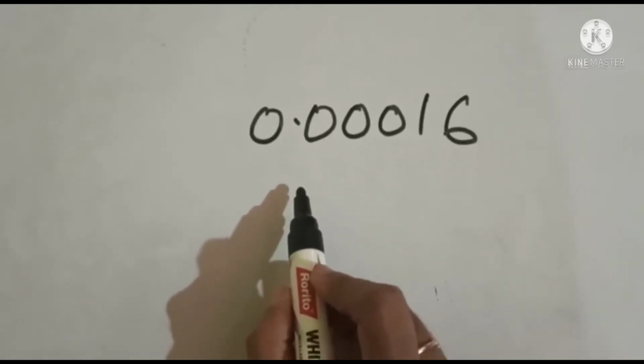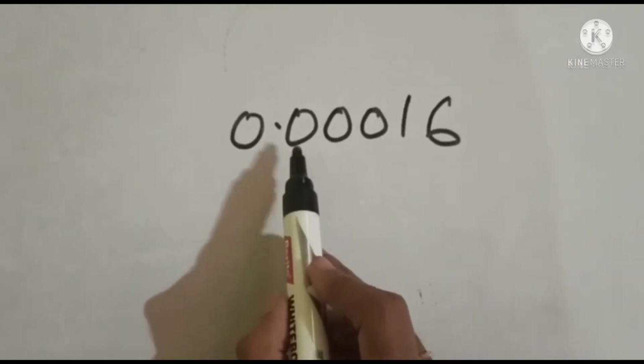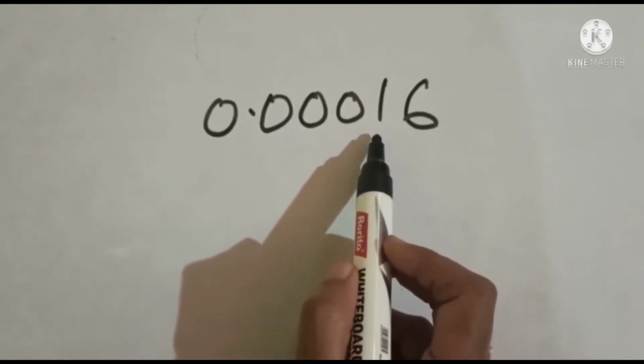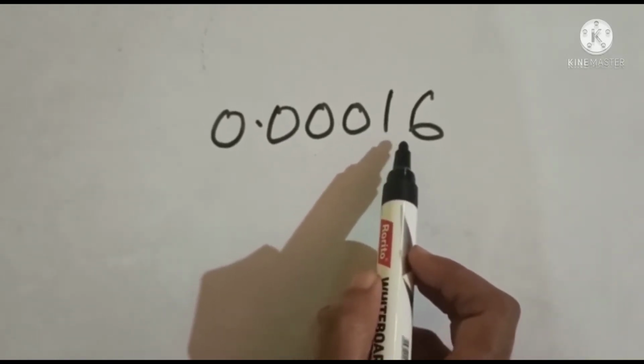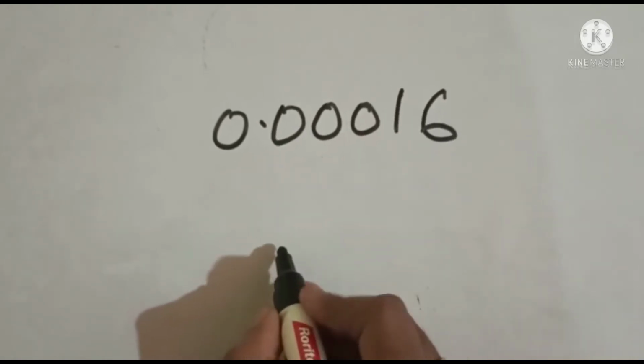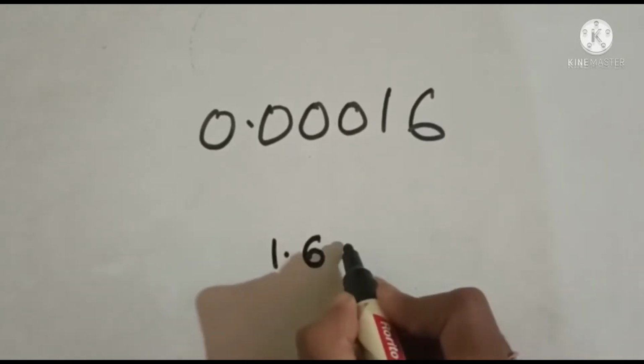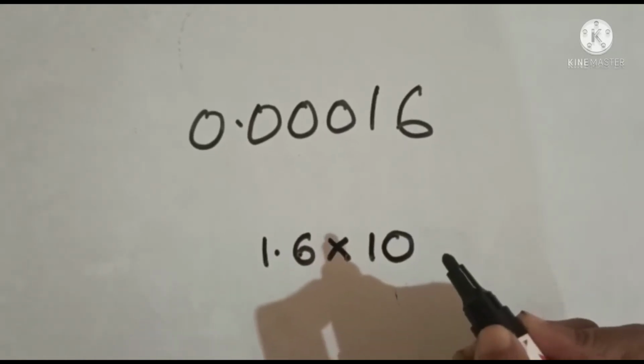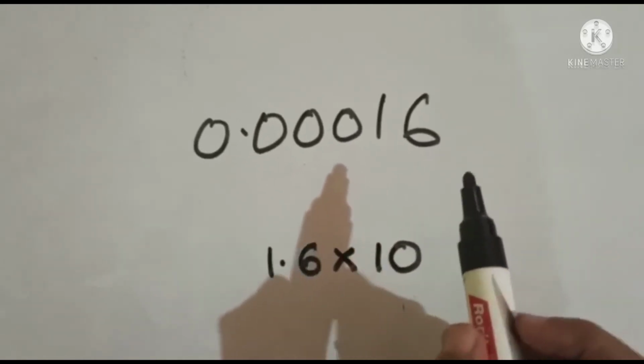Let's do another example. 0.00016. The decimal point should be placed between 1 and 6. 1.6 into 10 to the power. What will be the exponent here?